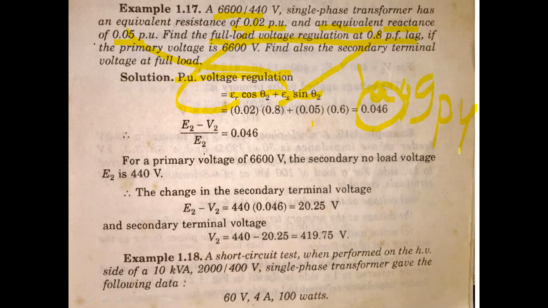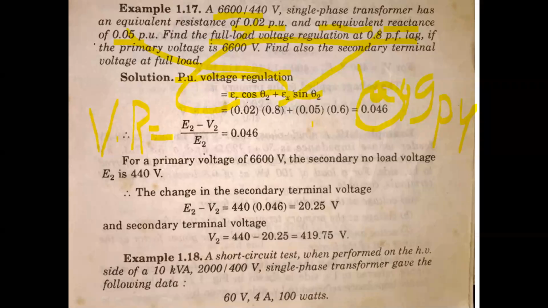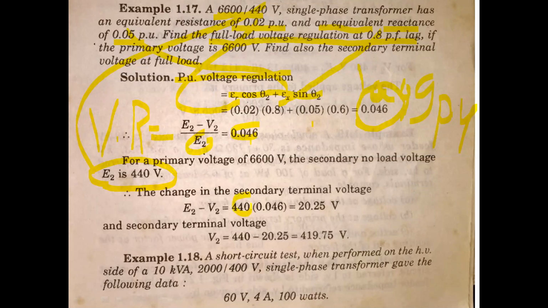Voltage regulation equals E2 minus V2 by E2. For a primary voltage of 6600 volts, the secondary no load voltage is 440 volts. Therefore, E2 minus V2 equals the voltage regulation into E2, that is 0.046 into 440, which is equal to 20.25.